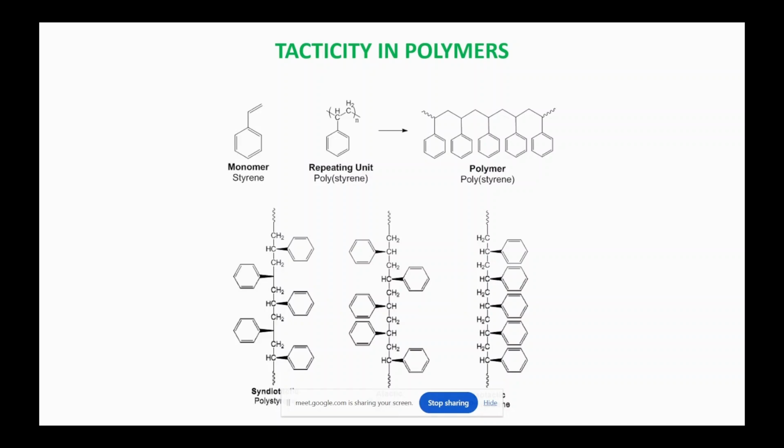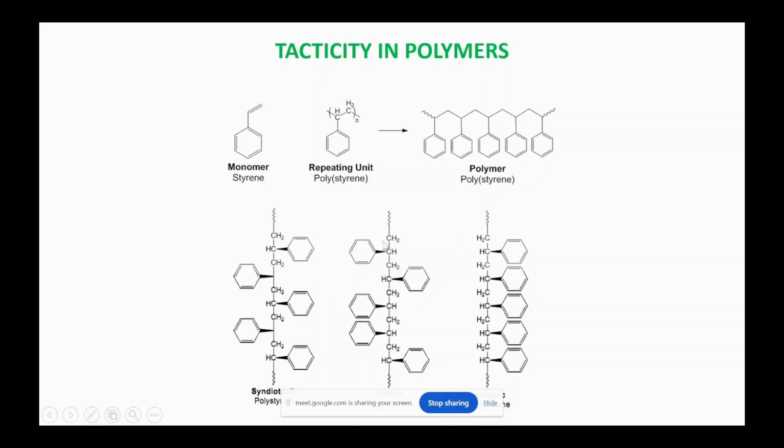If these benzene groups, whatever you see in case of polystyrene, are on either side of this hydrocarbon chain, then those kinds of polymers are called syndiotactic polymers.